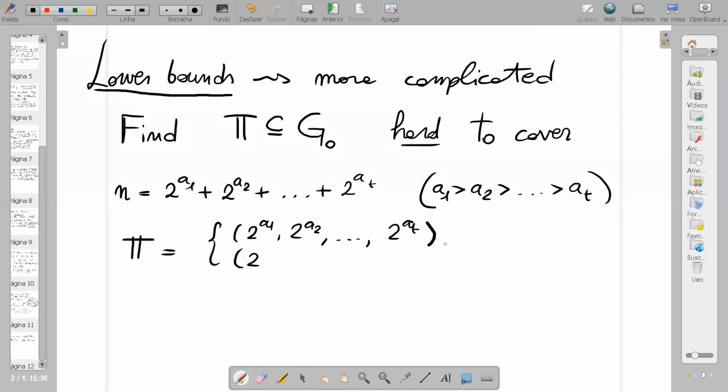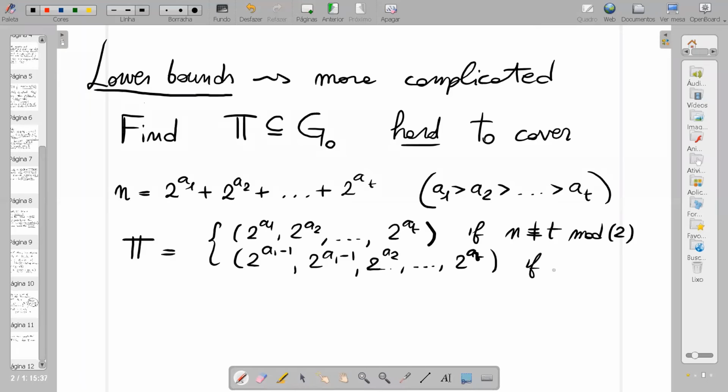Or in this case, this is when n is not congruent to 1 mod 2. And then you need to define it a little bit differently if n is congruent to 1 modulo 2. So here we have 2 to the A2, a little bit different if n is odd, okay? And essentially this will be a set that is hard to cover.